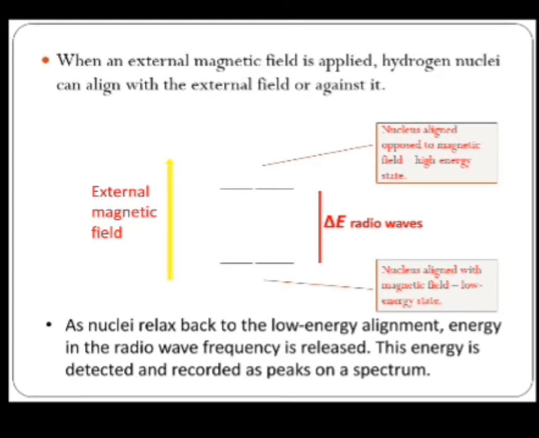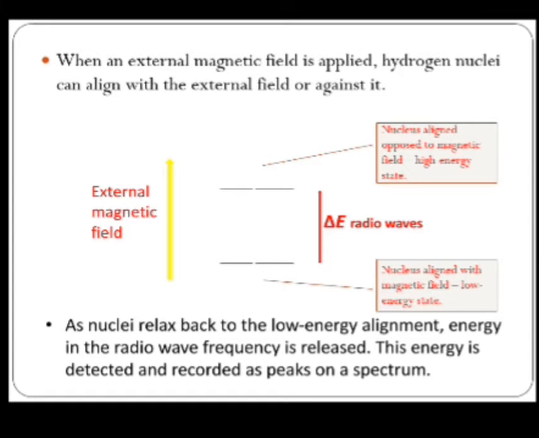So look at this. When we put the nucleus in the external magnetic field, what happens? The nucleus absorbs energy and goes into the excited state. When an external magnetic field is applied, hydrogen nuclei can align with the external field or against it.